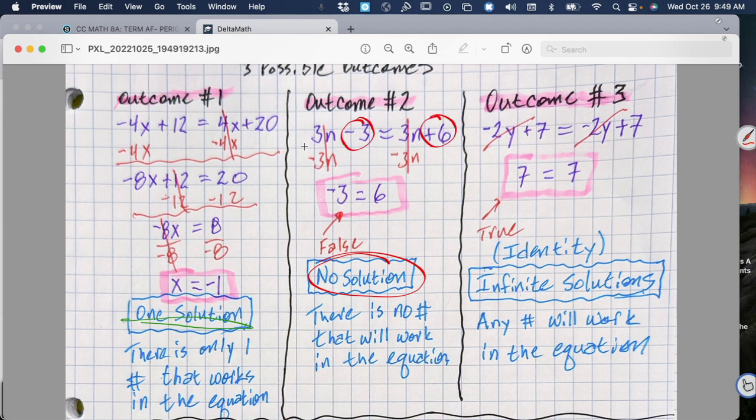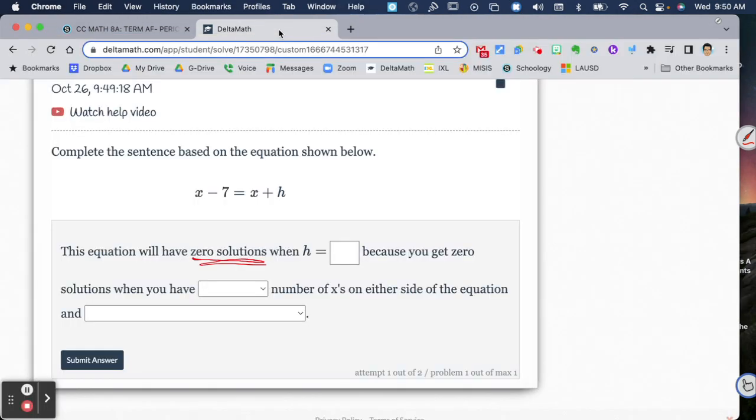So the variable amounts have to be the same. The constants have to be different. So as long as it's not -7, because that's the part we're replacing this time, the constant. We can't put -7. So I'm going to put 23.8. How's that? Pick whatever you want that's not -7.